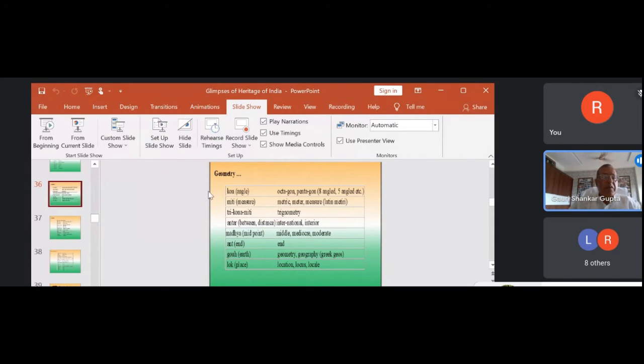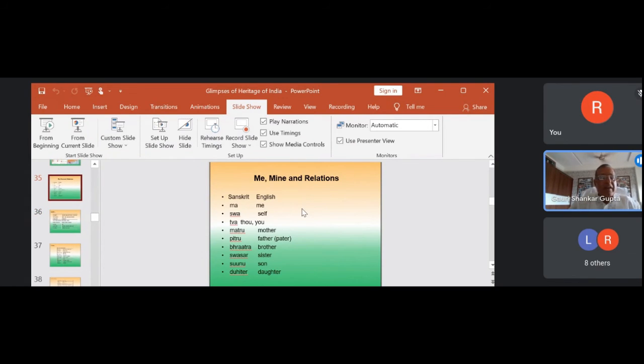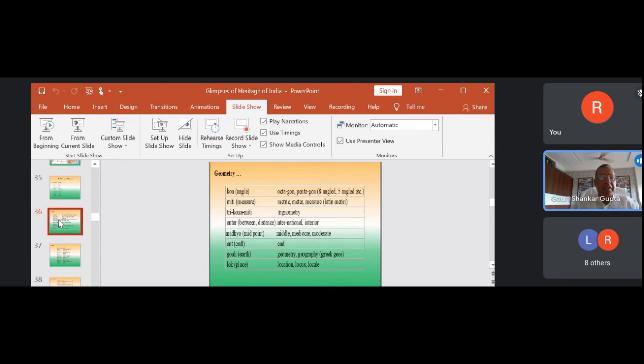We were talking about some words concerning me, mine, and relations, how they are originating from Sanskrit in all the languages, at least the Indo-European languages and Indian languages. Now look at the geometry. We call it cone. Cone is a Sanskrit word, and they call it octagon.